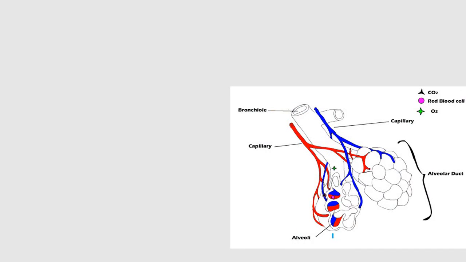Take a look here. This is the alveoli, the tiny sacs. And these are particles of oxygen and carbon dioxide. The gas exchange occurs by diffusion of oxygen from these alveoli to the blood capillaries, which form a network surrounding the alveoli, and carbon dioxide returns to the alveoli to be expelled through the lungs to outside of the body.